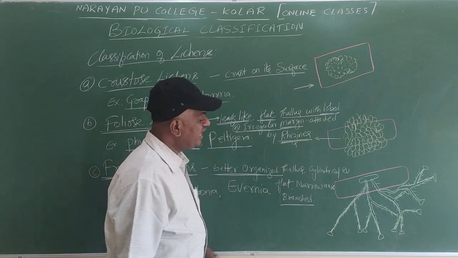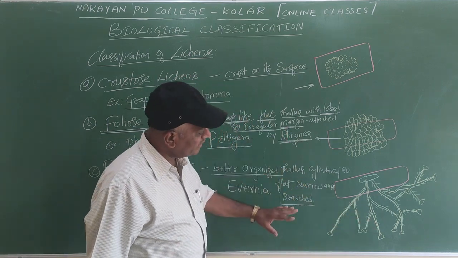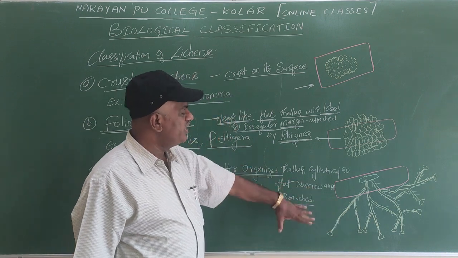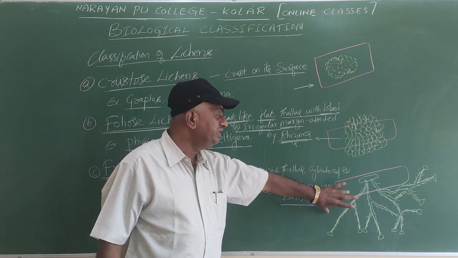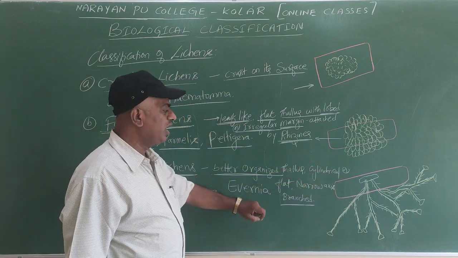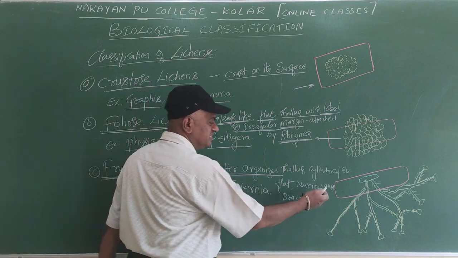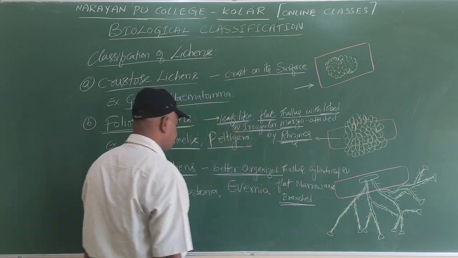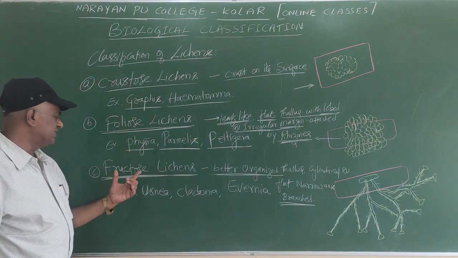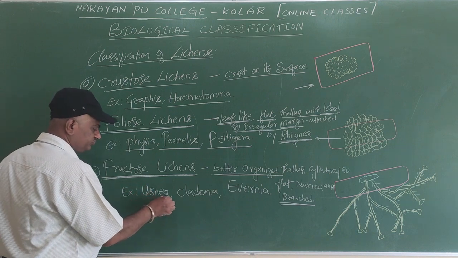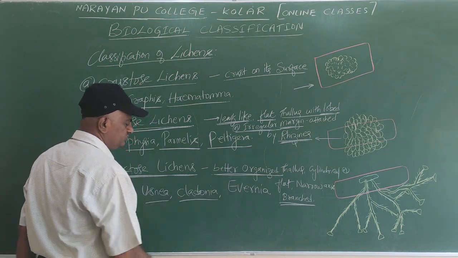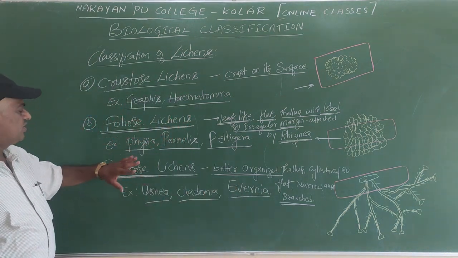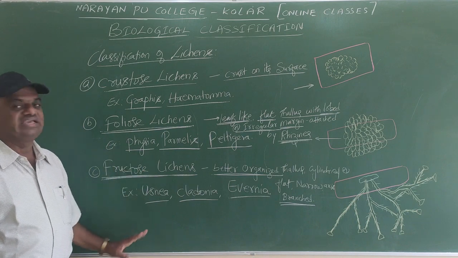These hangings may be erect or drooping down, in various forms, attached to tree trunks. It is usually pendulous or filamentous, profusely branched. This is the well developed lichen called fruticose. Examples: Usnea, Cladonia, Evernia. All these are examples of fruticose lichens.